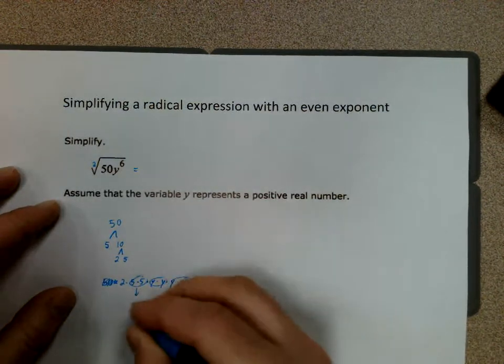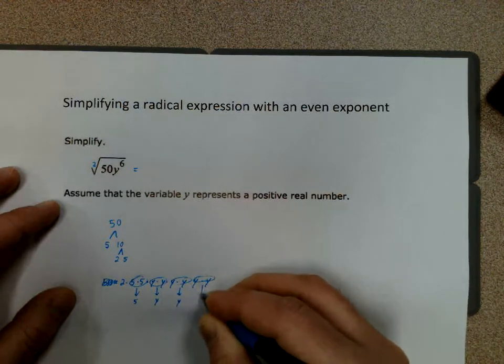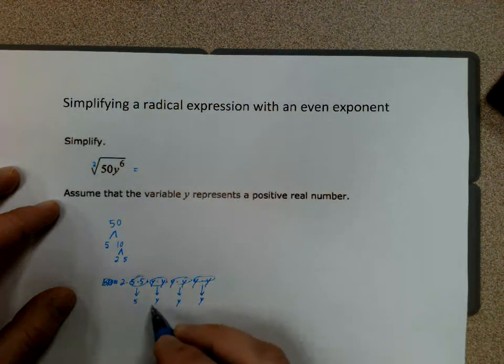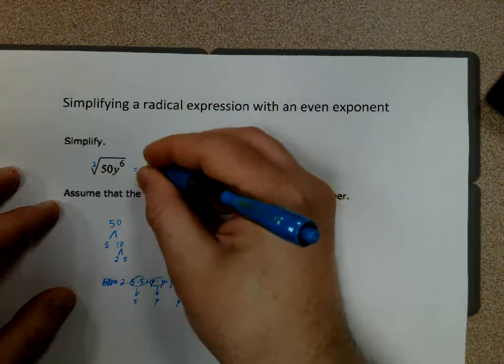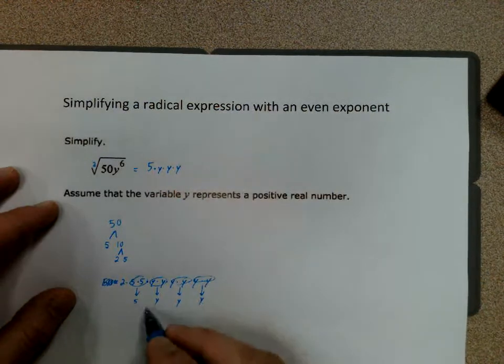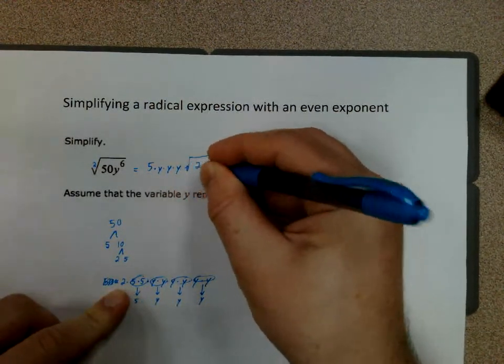So for this, I'm going to pull out a single 5. For this one, I'm going to pull out a single y, and a single y. So I have 5, y, y, y is going to be outside, and these are all multiplied. Okay. And then this 2 that I couldn't use is still in that square root.